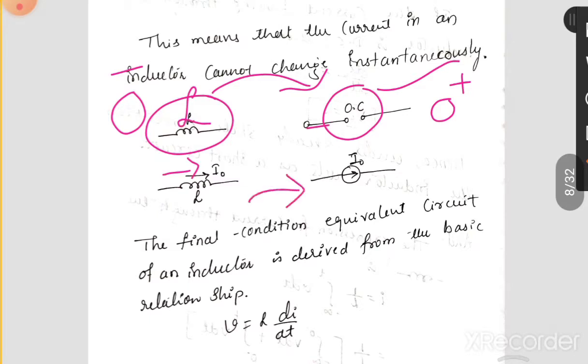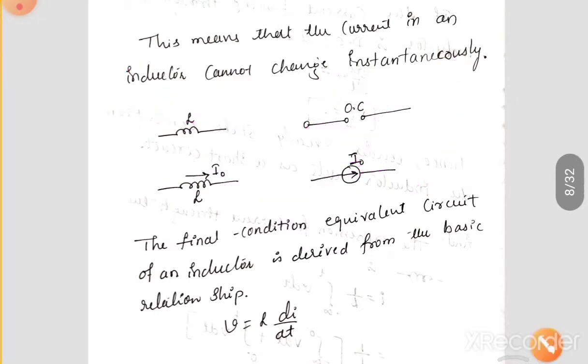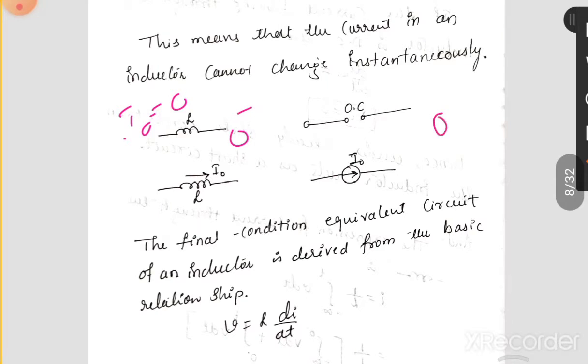Therefore after a certain time, that is 0 plus, after closing or opening, whatever the switching action may be, initially some current is flowing in the inductor, then immediately after the switching action it has to be represented as a current source with the same current I naught. Initially, suppose the current is 0 in the inductance, then at 0 minus, and after the switching action at 0 plus, it will be open circuited.